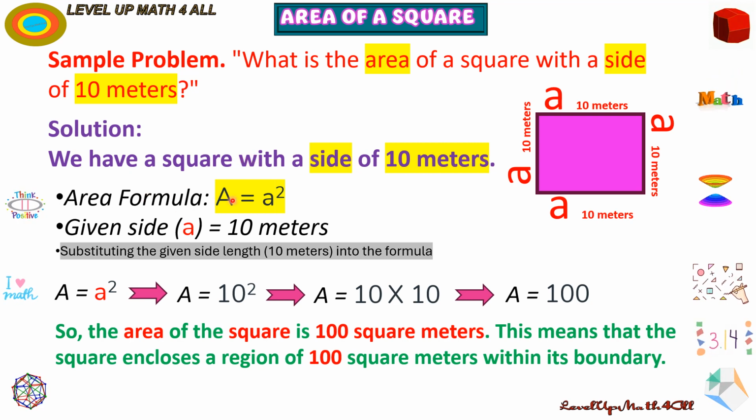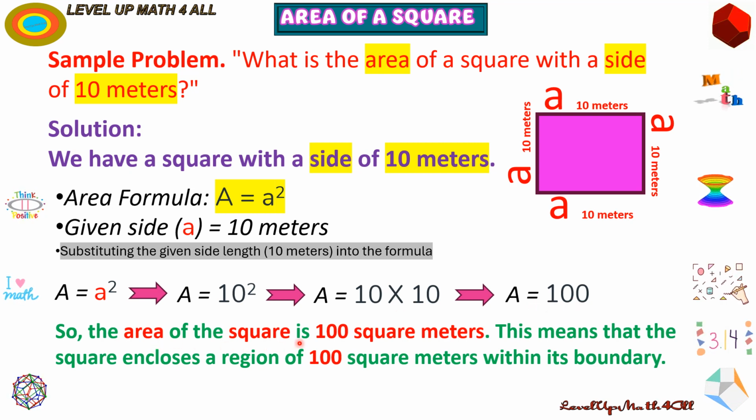Our area formula: capital A equals a squared. The a is the side. Given side a equals 10 meters. Now let's substitute the value of a, that is 10 meters, in the formula A equals a squared. That is 10 squared, which is 10 times 10. 10 times 10 is 100.